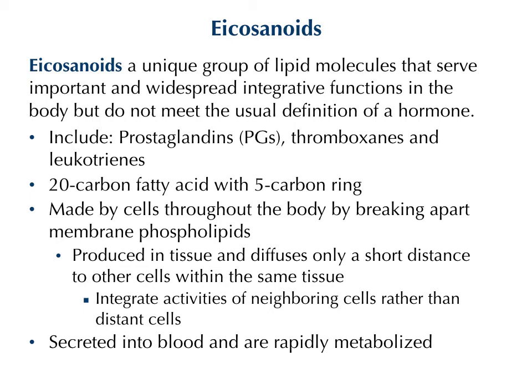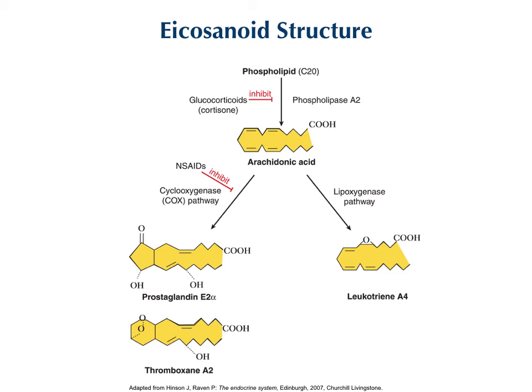So let's go through and look at that in the picture right now. Okay, so here you see your phospholipid membrane up at the top, a 20 carbon phospholipid. So think of this as being, we can inhibit here where we go from our phospholipids to the formation of arachidonic acid.